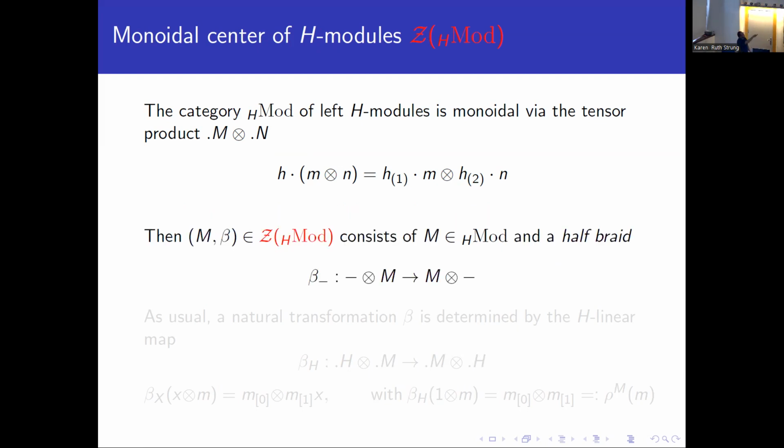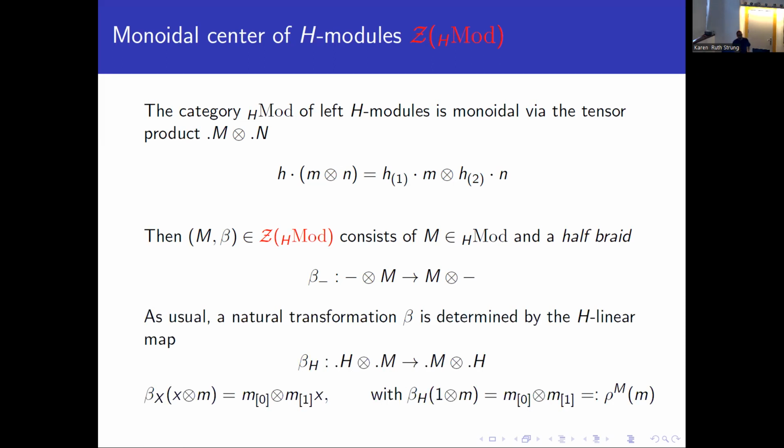Then what is the center of H-modules? The object of the center of H-modules consists of (M, beta), where M is an H-module and beta is a half braiding. This beta is a natural transformation, and as usual is determined by an H-linear map here.